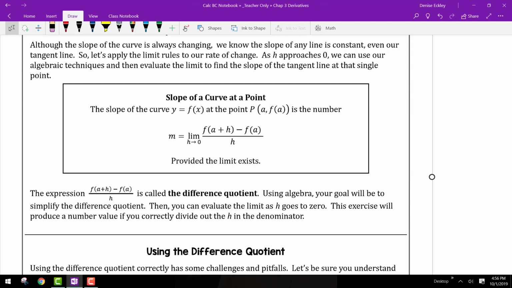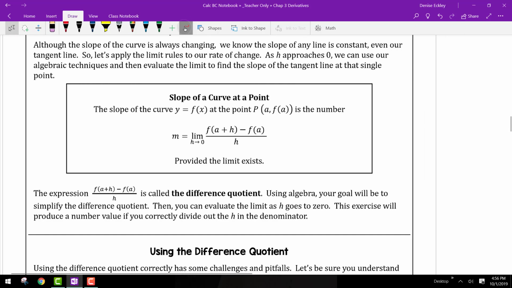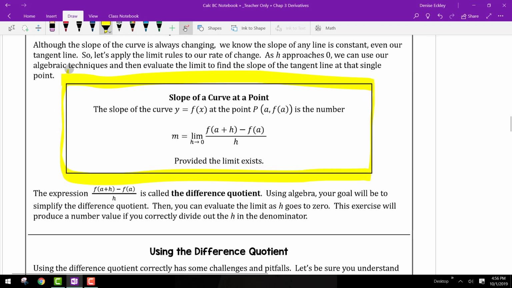So here's our official definition of the slope of a curve at a point right here. So y equals the curve f of x at a point P, A, f of A, is the number m. So we have the limit as h approaches 0 of f of A plus h minus f of A over h.